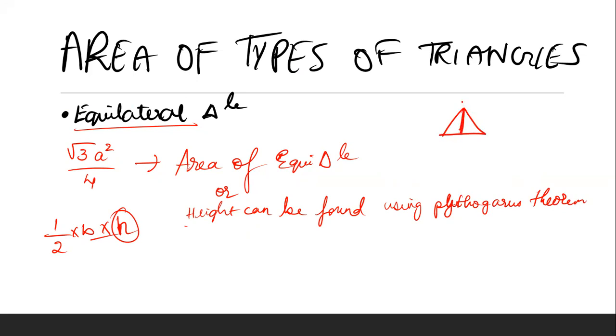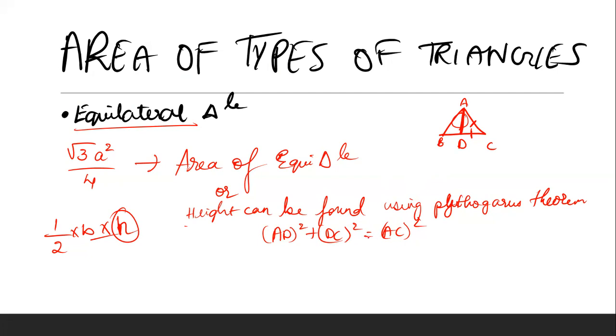Let's say this is A, B, C, and this is AD. And suppose they've given you only this and this, and they've asked you to find out the height. So of course, using Pythagoras theorem, AD square plus DC square with respect to this figure is equal to AC square. So using this formula, we can easily find it out.